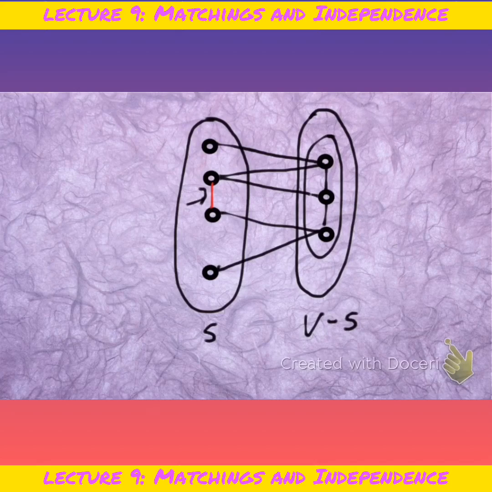In other words, the red edge is not incident with any vertex there. So it's easy to see there that S is independent if and only if V minus S is a vertex cover.